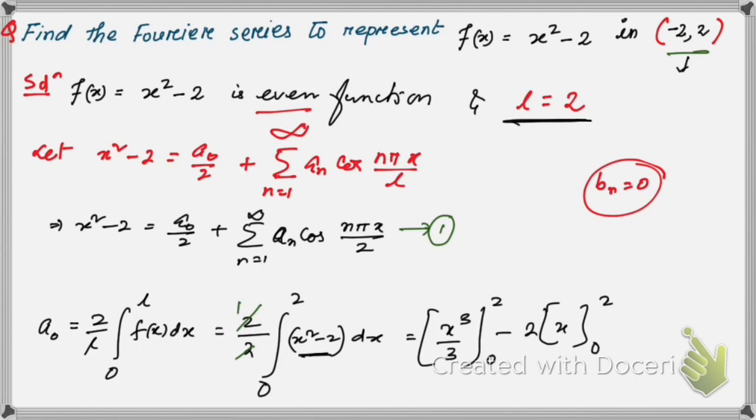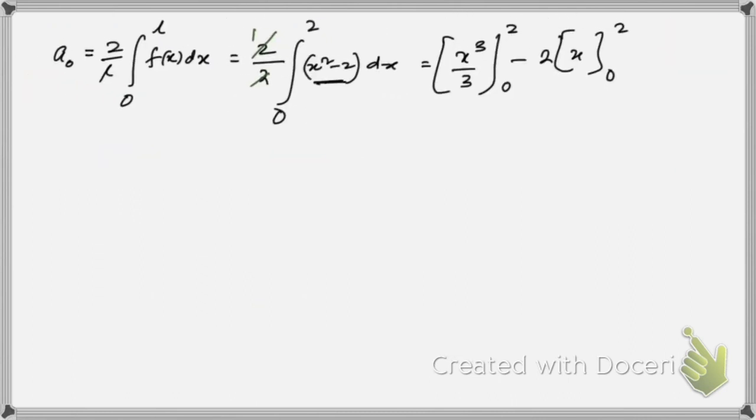Now let me copy this result and go to the next slide, okay. This is the last result we have got. If you put the upper and lower limits, you're going to have 2 cubed by 3 minus 0, then again putting 2 you will get 2, putting 0 you will get 0, so that means it's going to be equal to 2, right?